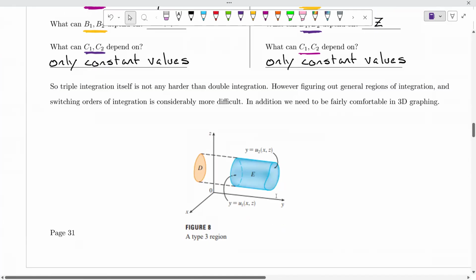More specifically, you're getting an idea of how we go from the triple integral down to the double integral. Here was a sketch that I thought is kind of helpful for envisioning what we're going to do. That blue region, E, is the solid region that I want to integrate over. And it looks like in this case, I'm going to be doing a dy integral first.